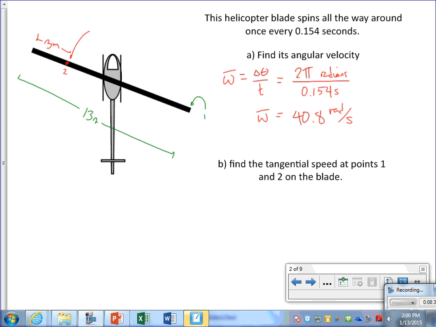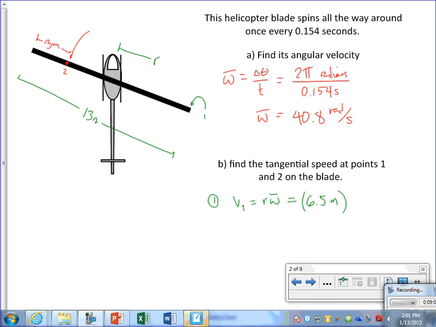Okay, so point 1, the tangential speed. Well, r omega. Well, that becomes pretty straightforward, except for the fact that our R is 6.5 meters. You okay with that? Right?